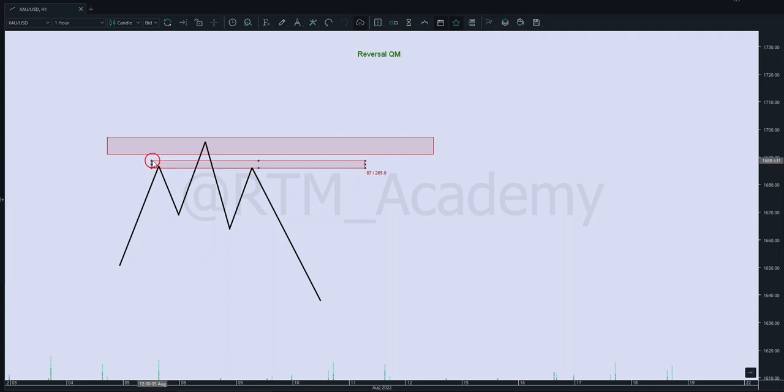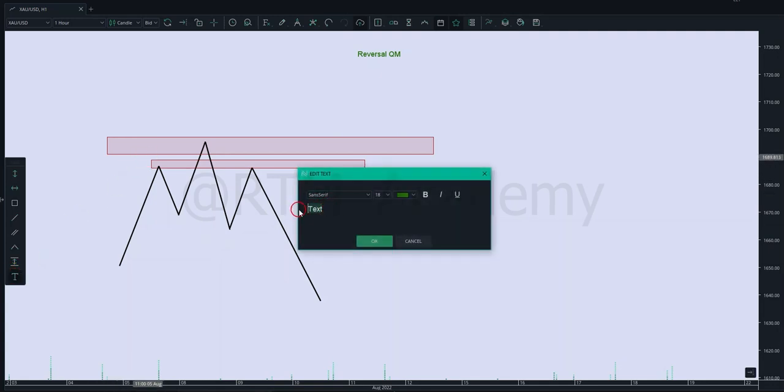So how do we define this QM level? It is high, high, low, higher high, lower low. It is the basic schematic of the QM. Let me write it for you.